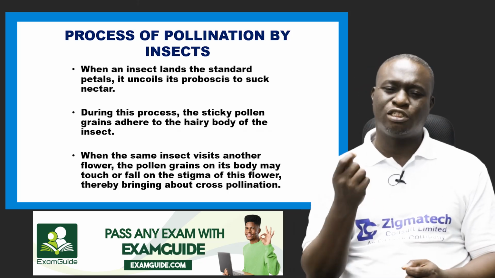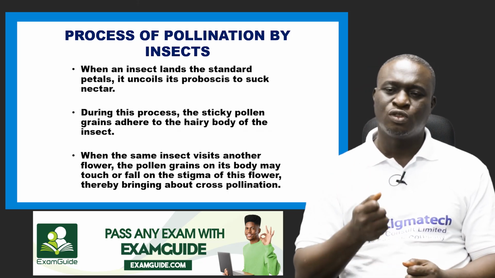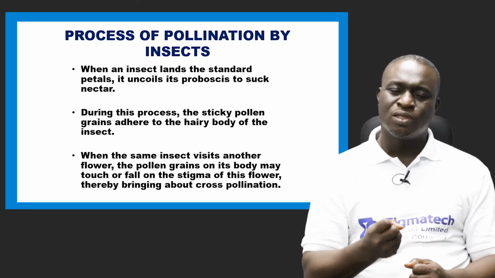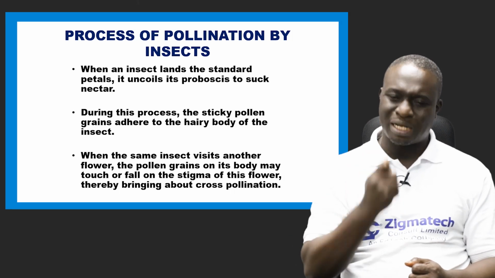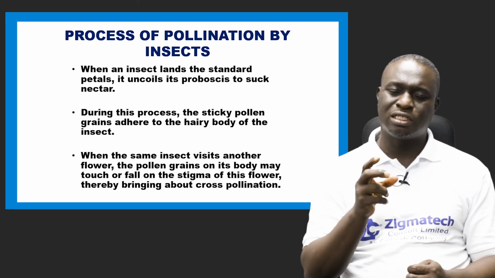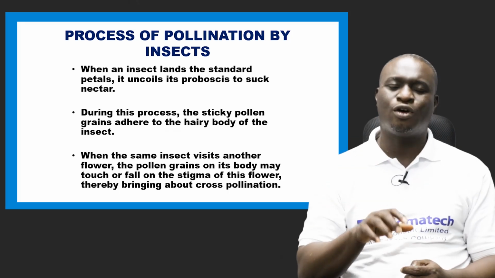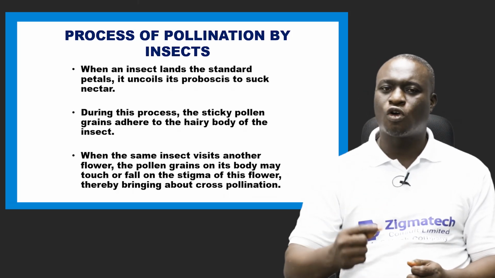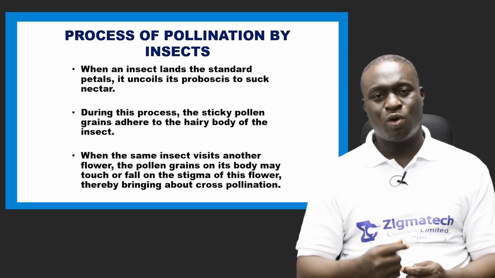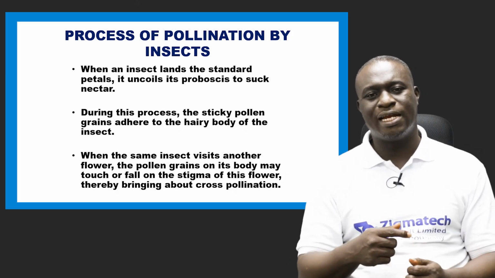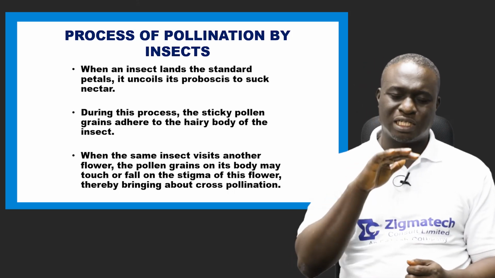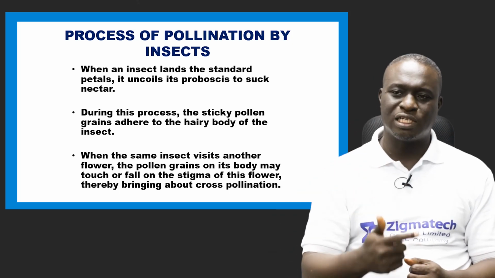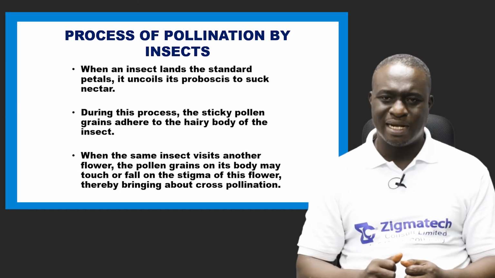What attracts these insects to the flowers are mostly the brightly colored petals and the well-scented petals. Once they come, they land on the standard petals and uncoil their proboscis. Mostly, the coiled proboscis is found in the butterfly. So once it lands on the standard petals, the butterfly uncoils its proboscis and sucks in nectar.